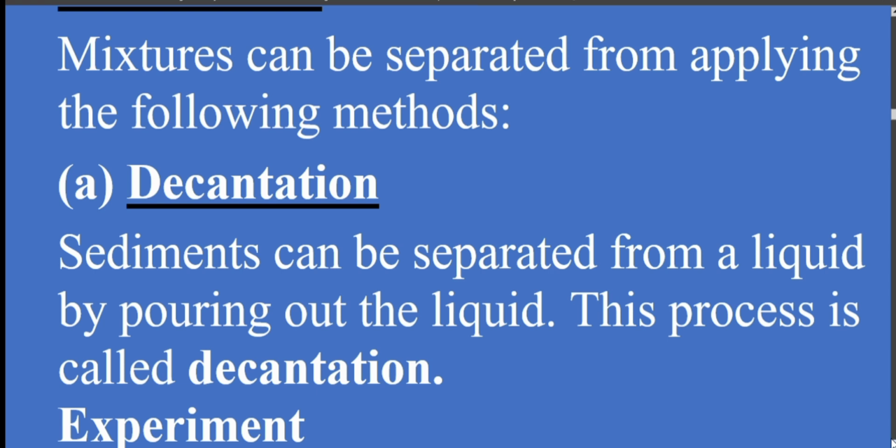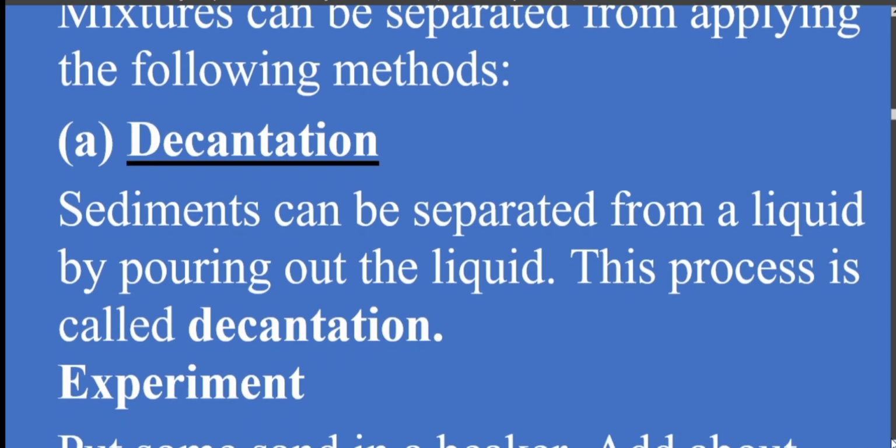Remember, this method is not that efficient, because some of the solvent will remain in the solute that we obtain. Now let's look at the experiment that we want to carry out.